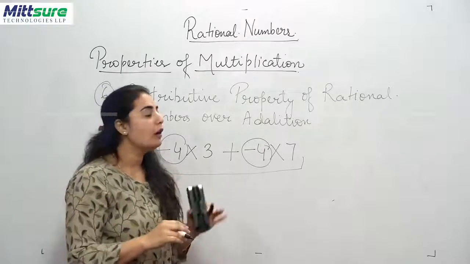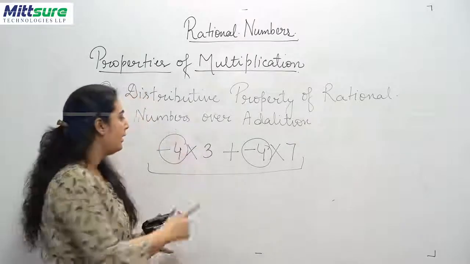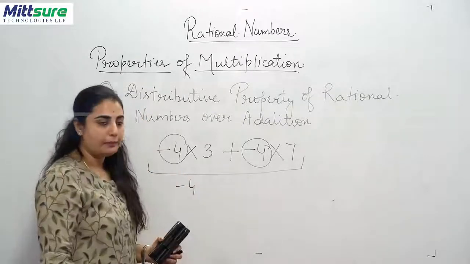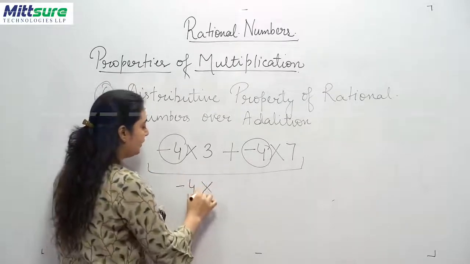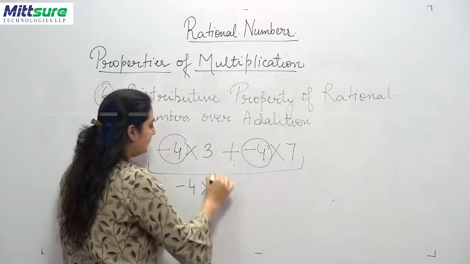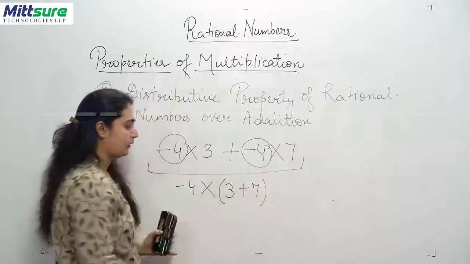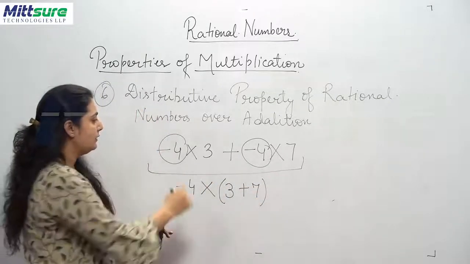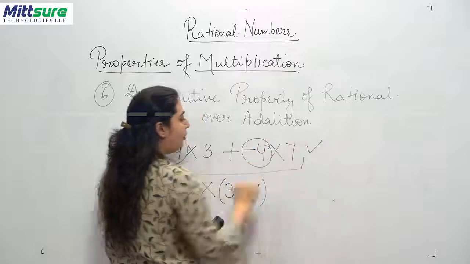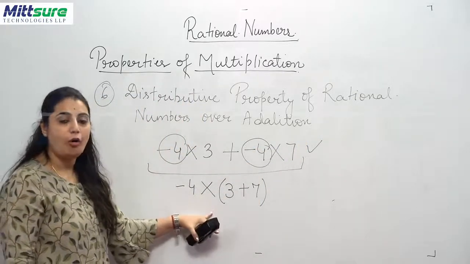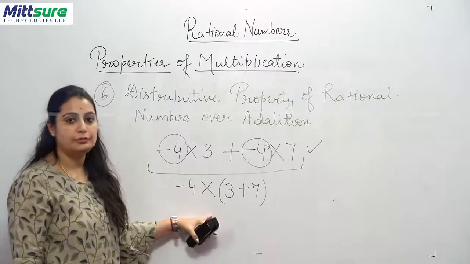According to the distributive law, I will take this minus 4 as common and put a multiplication sign, then 3 plus 7. This is known as the expanded form of the distributive law, and this is known as the confined or short form of the distributive law.